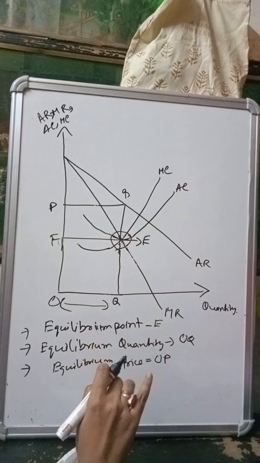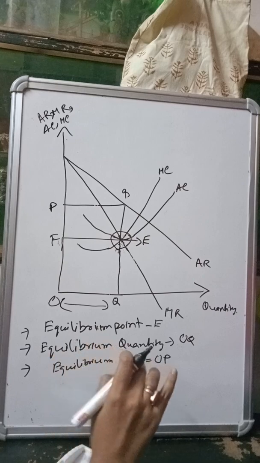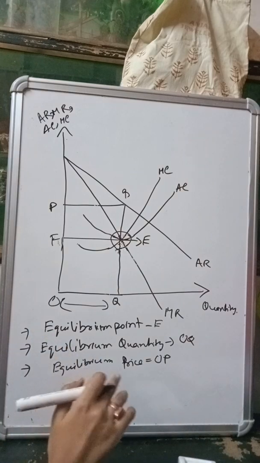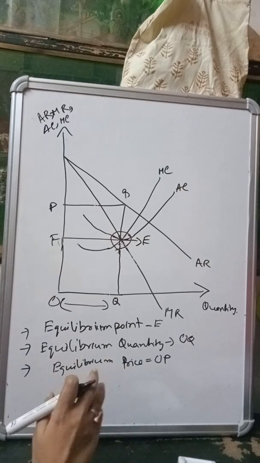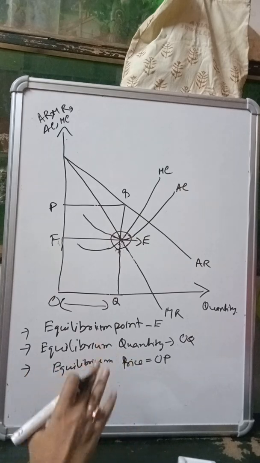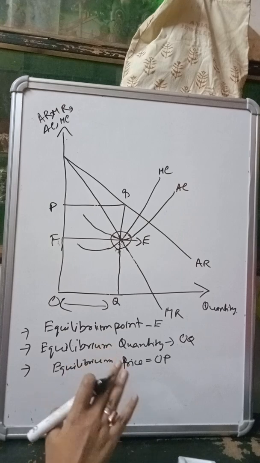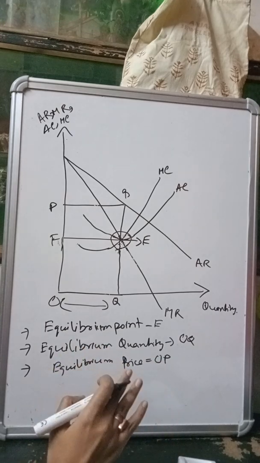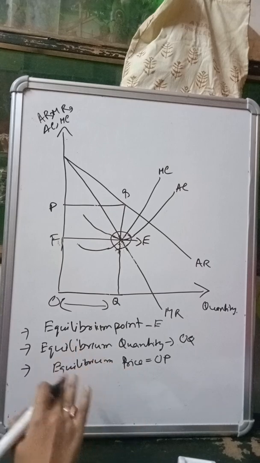Now E is the intersection point of MR and MC, right? And also in this case AC is also intersecting. Suppose only MR was intersecting with MC and no AC was there, we would have said that at the point MR equals MC.